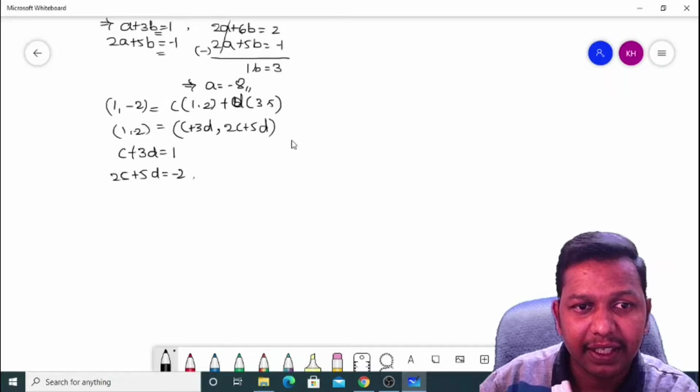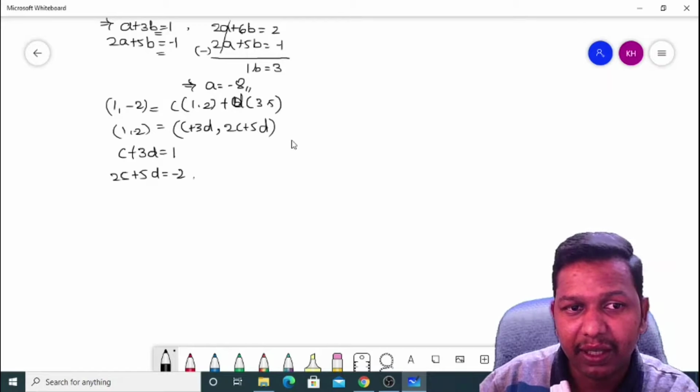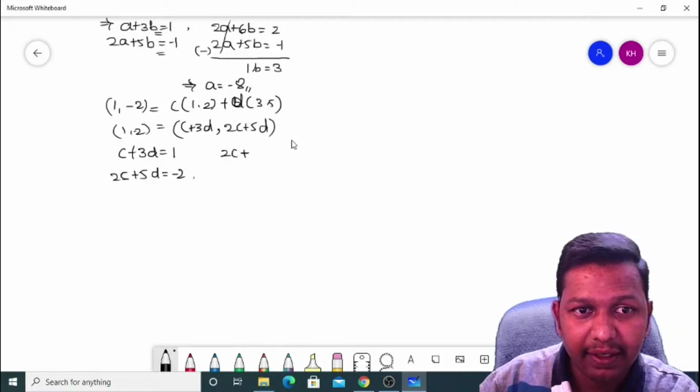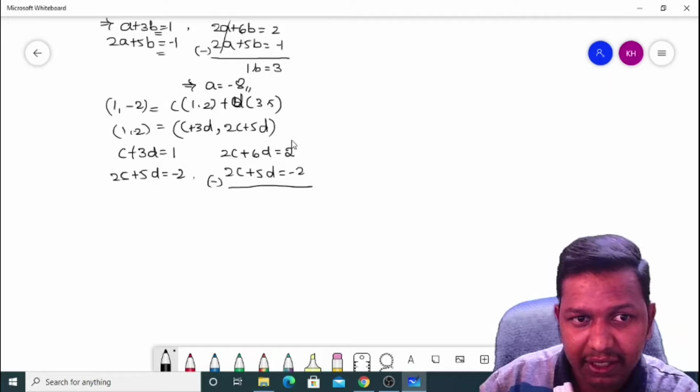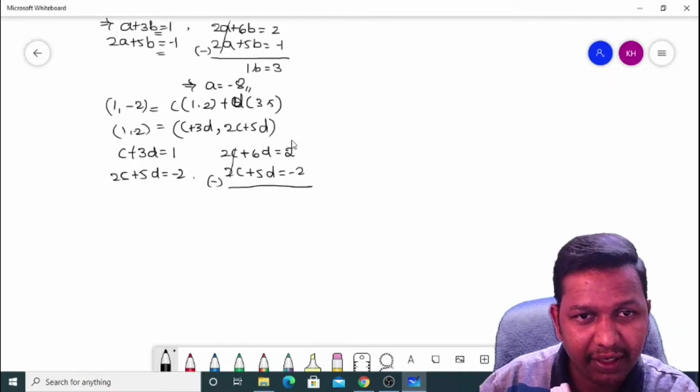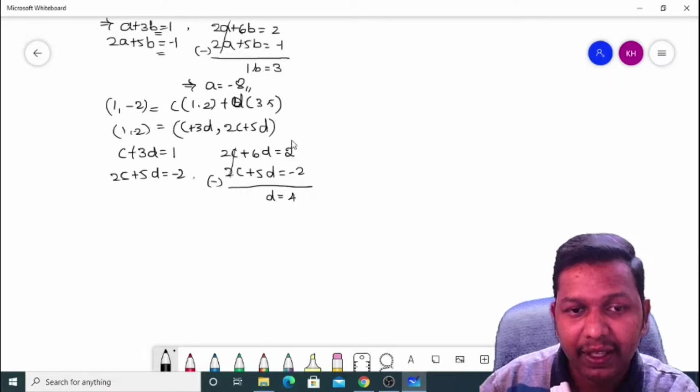Again, as we did in the previous step, multiply the first equation by 2, we get 2C plus 6D is equal to 2 and 2C plus 5D is equal to -2. Subtract these two equations, the first term gets cancelled, we remain with D is equal to 4.